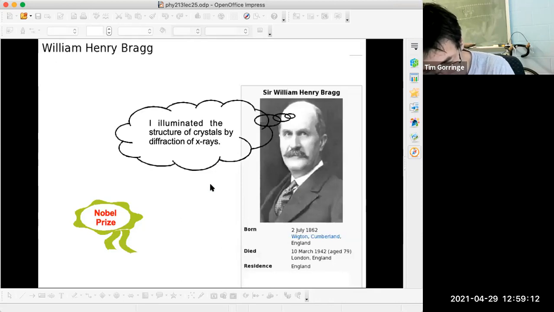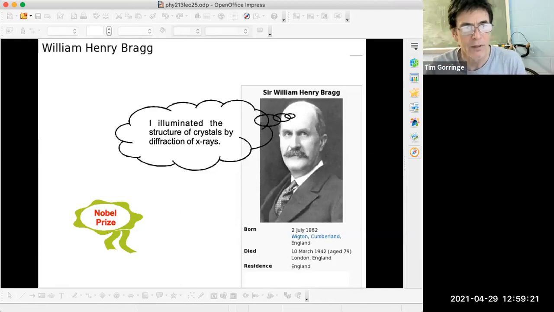Okay, so here's Bragg. The key thing is, we'll call him Bill Bragg, he illuminated crystals. This takes me back to school, I guess it was middle school, maybe high school, growing copper sulfate crystals.